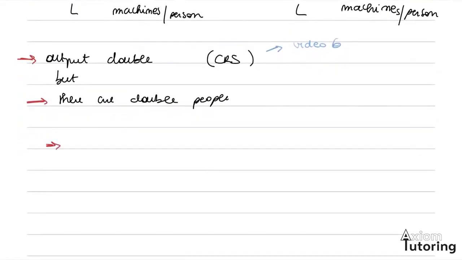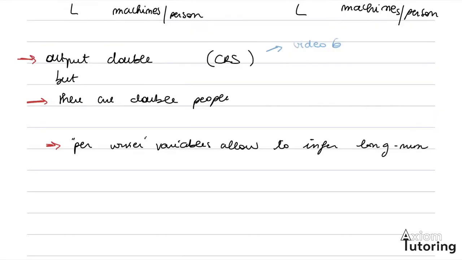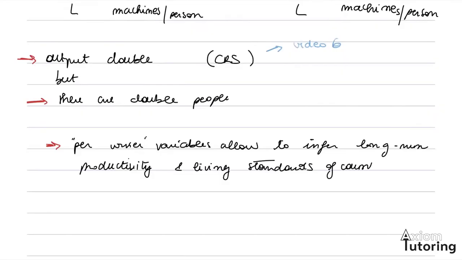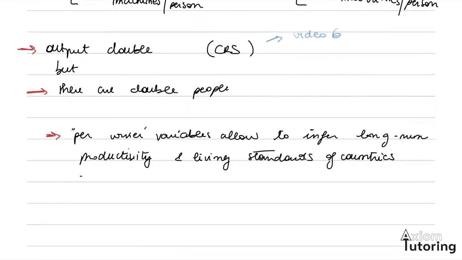So a takeaway is that per worker variables allow to infer long run productivity and living standards of countries, plus to make comparisons.